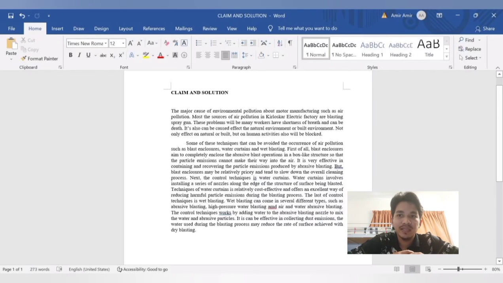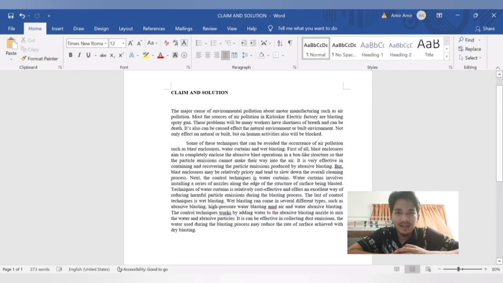It can be effective in collecting dust emissions. The water used during the blasting process may reduce the rate of surface finish achieved with dry blasting. That's all for me.